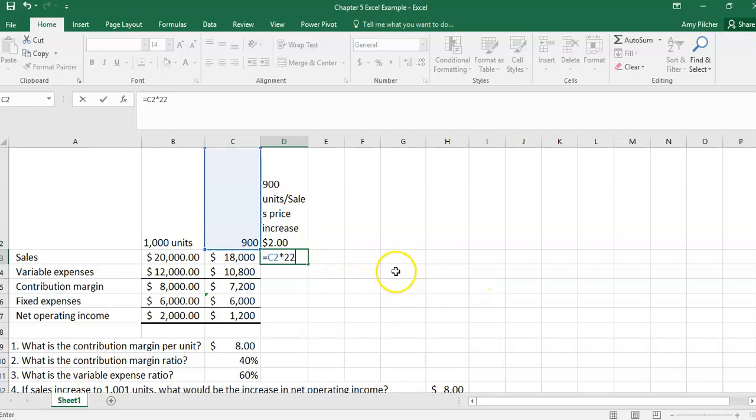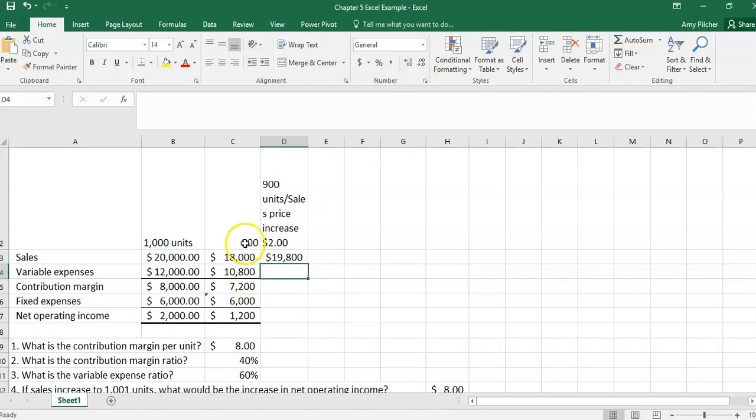Our original sales price was $20 per unit. Now it's $22 per unit. Our variable expenses will not change. Okay, so it's still 900 units. We didn't increase the price of our variable units, so that doesn't change. Now our contribution margin is $9,000 or $10 per unit because we increased our sales price by $2.